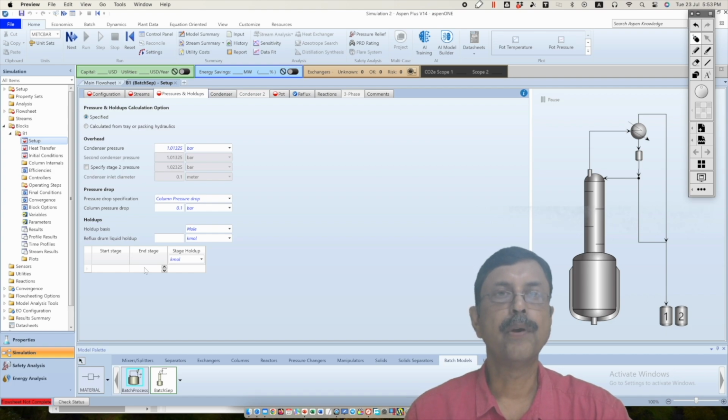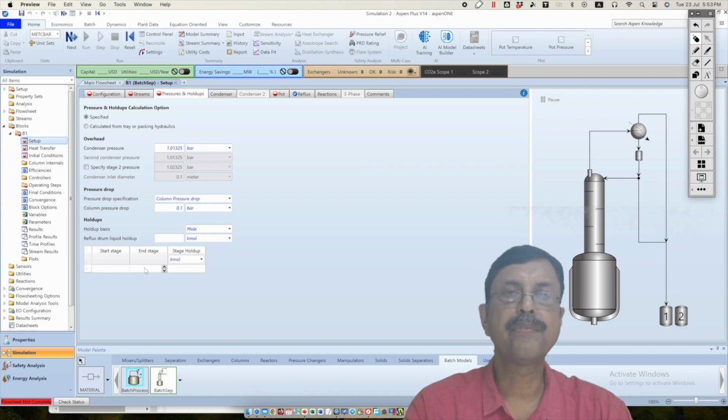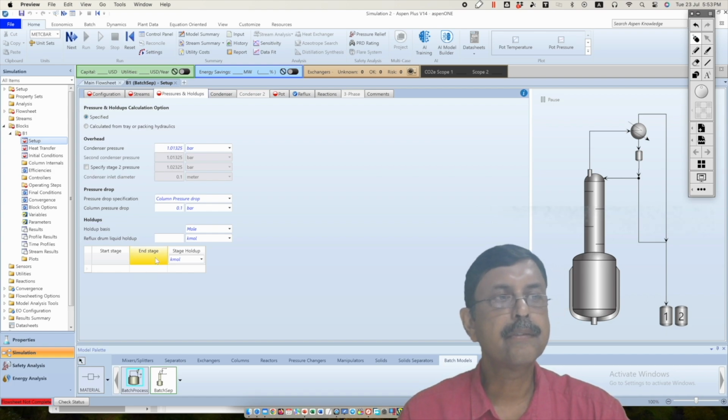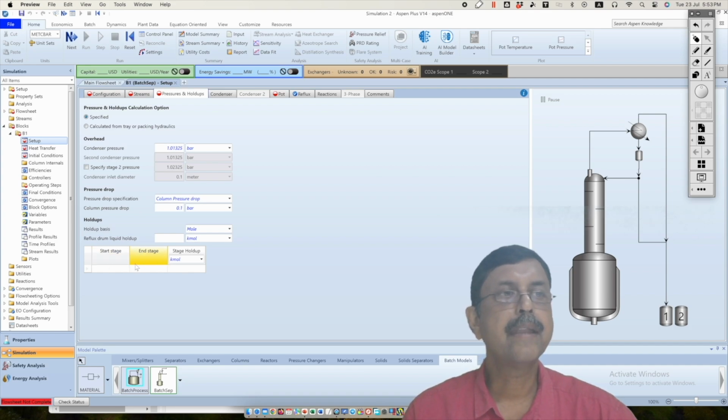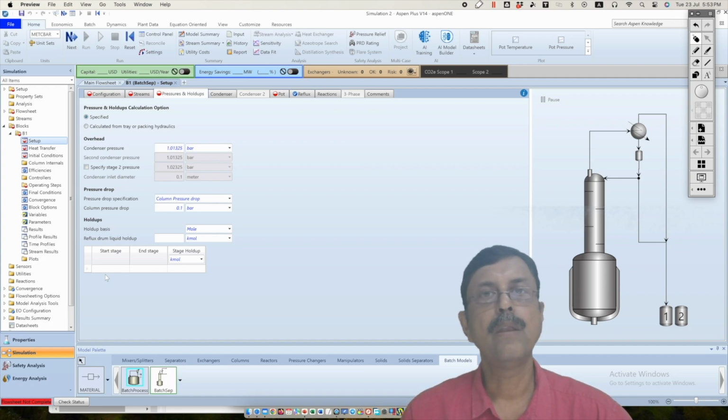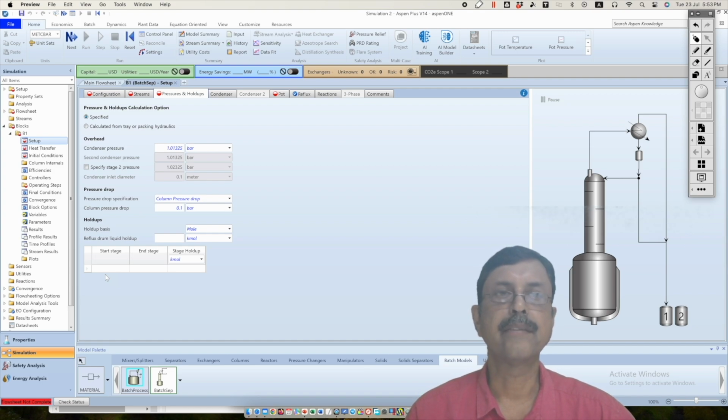Okay, so if you choose number of stages 10, then starting stage and ending stage can be at best 2 to 9, because stage number 1 you cannot use over here. Stage number 1 is always the condenser, and stage number 10 will always be the pot. That's the last stage.